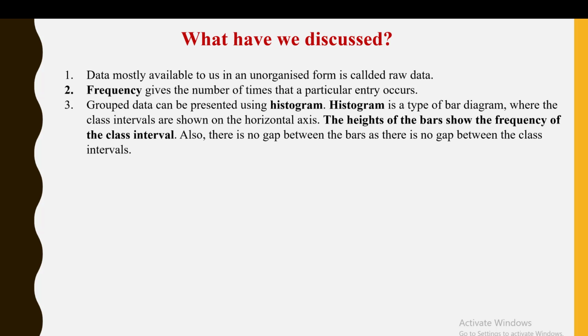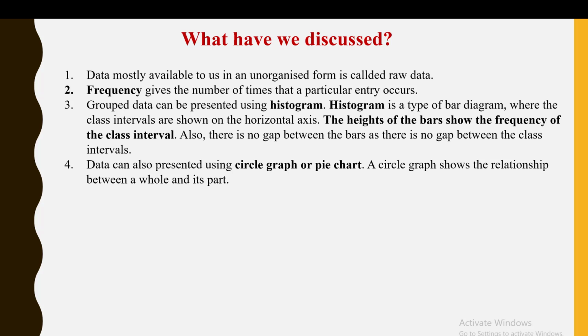The height of the bar shows the frequency of the class interval. Also, there is no gap between the bars, that is, no gap between the class intervals. 4. Data can also be presented using circle graphs or pie charts. A pie chart shows the relationship between a whole and its parts.